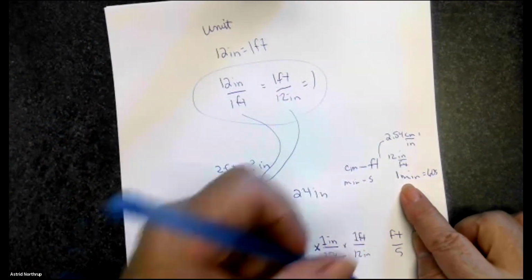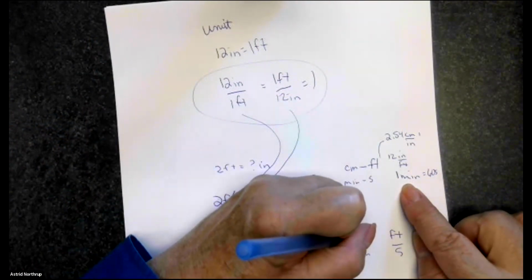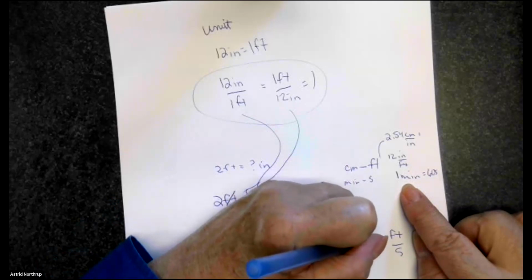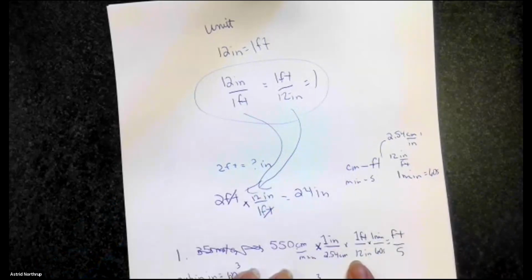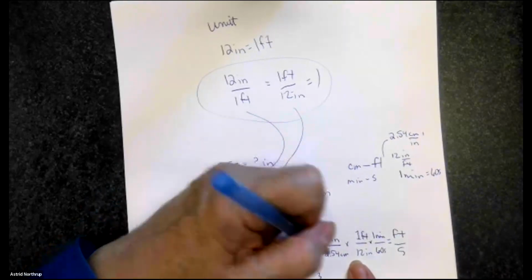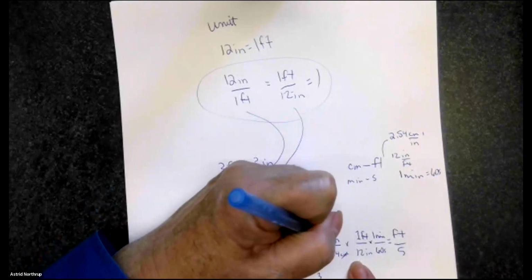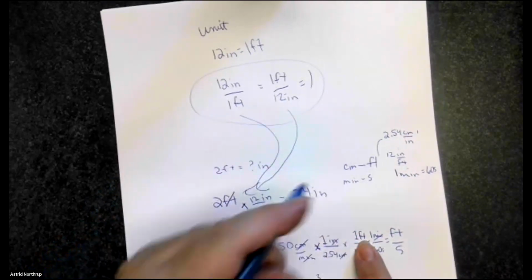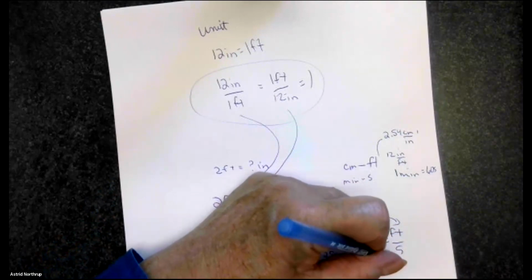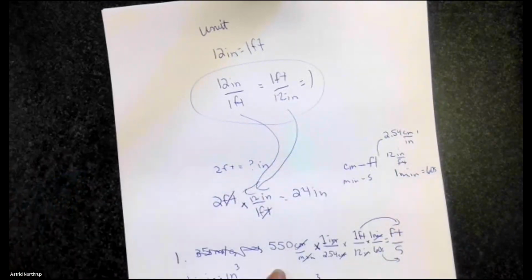Minutes is in the denominator here, so we want to put it up here. And we say 1 minute is the same quantity as 60 seconds. And then we have a math problem where the centimeters cancel out, inches cancel out, minutes cancel out, and we are left with feet per second, which is what we were hoping for.